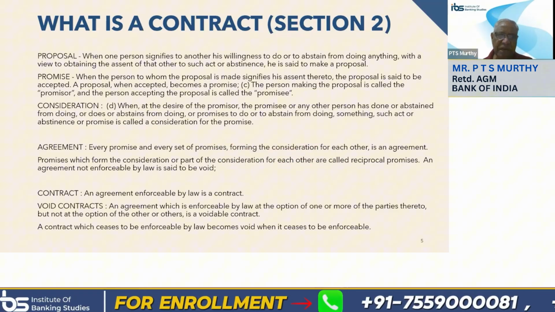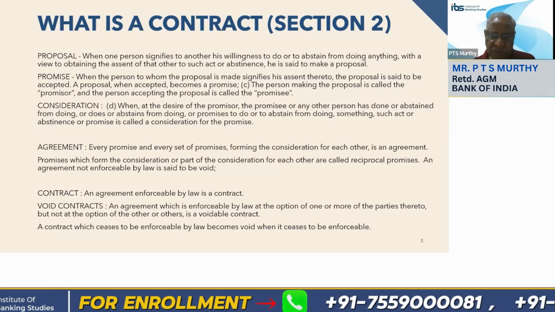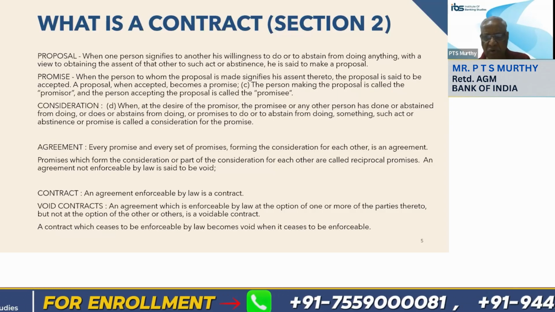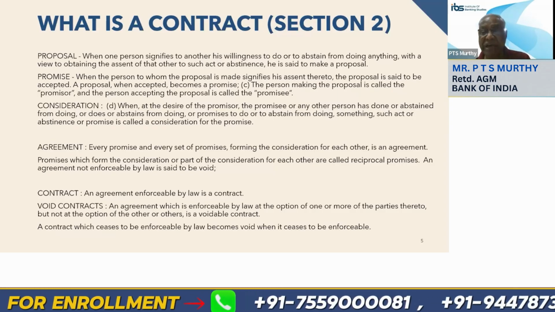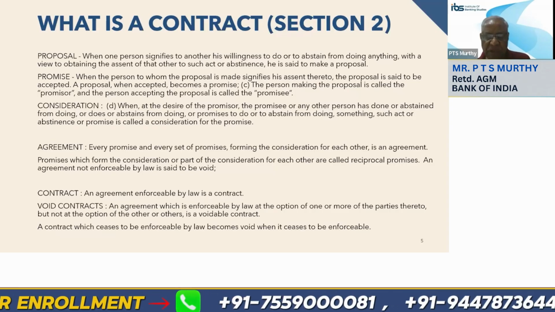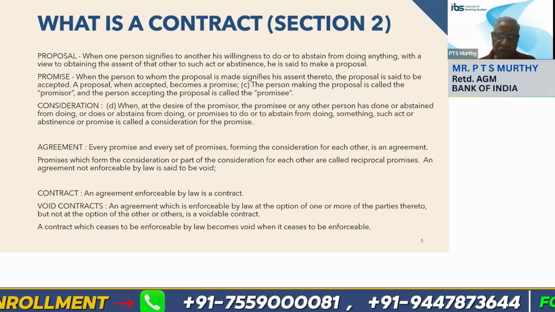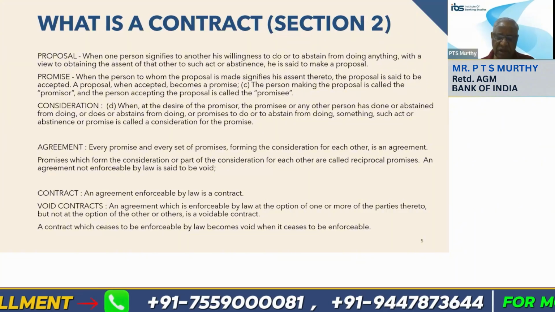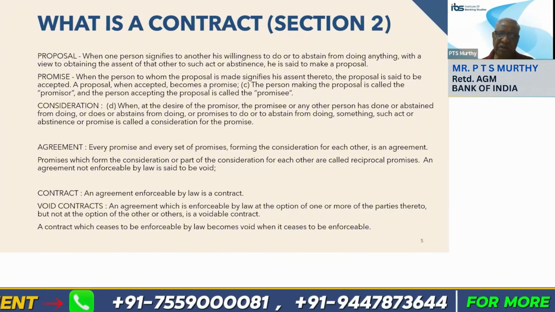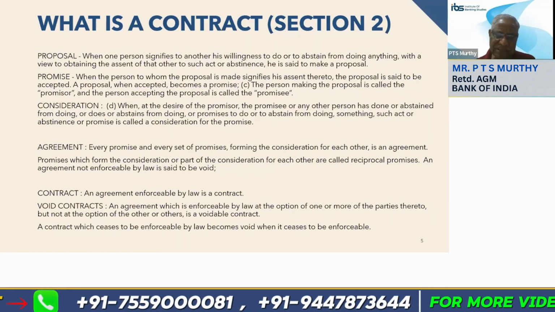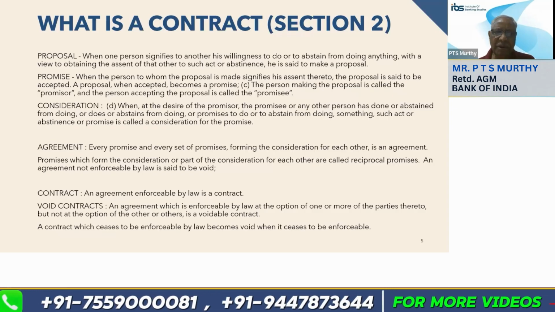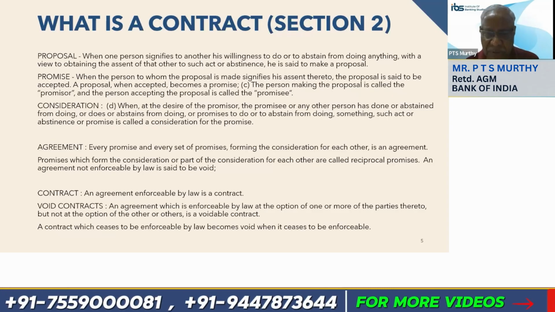Once an agreement has been entered into between both parties, it could be oral or it could be signed. Normally, in a savings bank account, there is one page where the savings bank rules are given. When he signs that, it becomes an agreement between the bank and the customer.